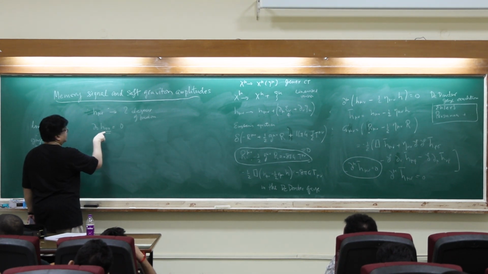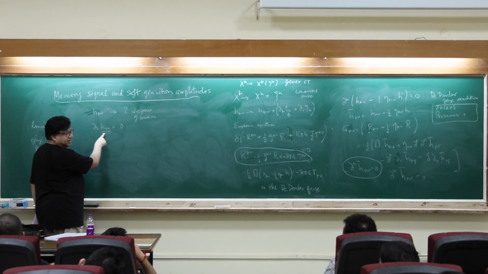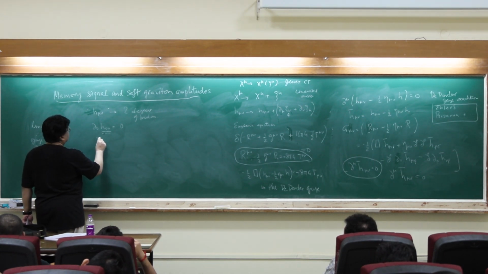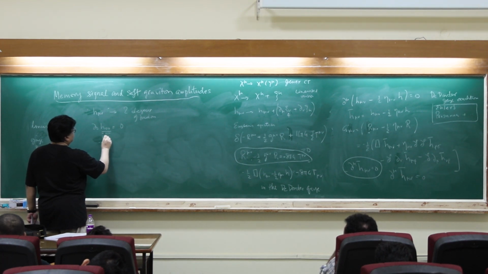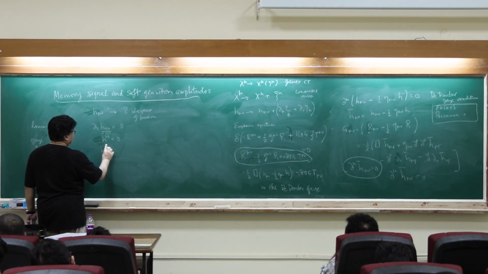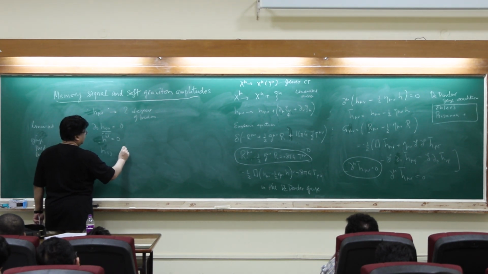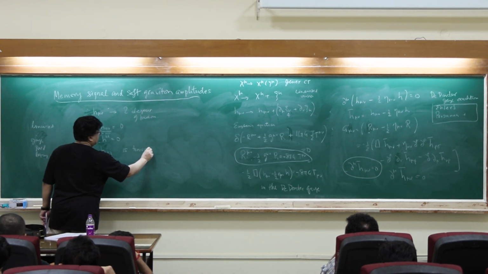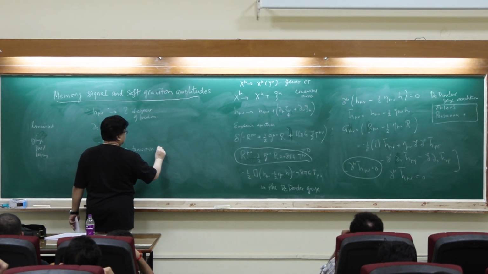That means this is the Newtonian potential, that is a constant. It does not vary in time. And h0i is 0. And hij is transverse and traceless.